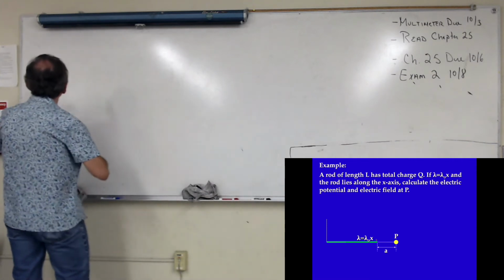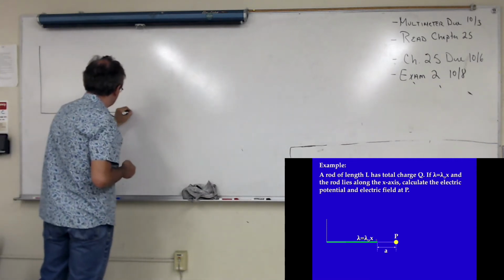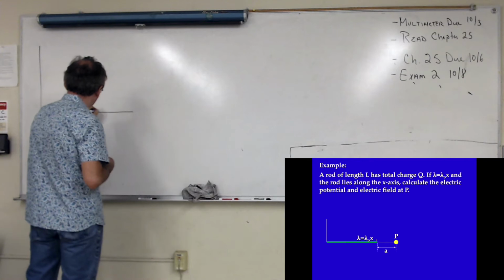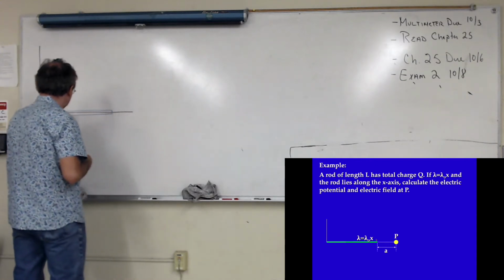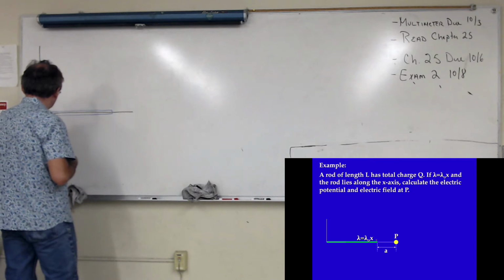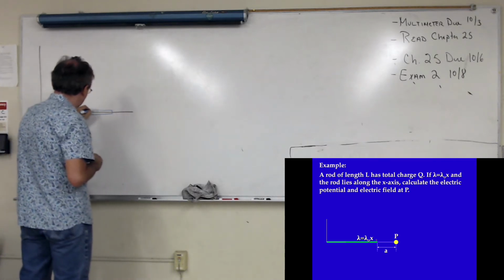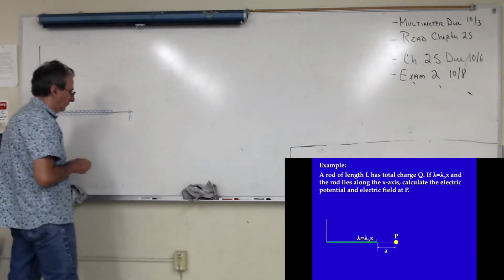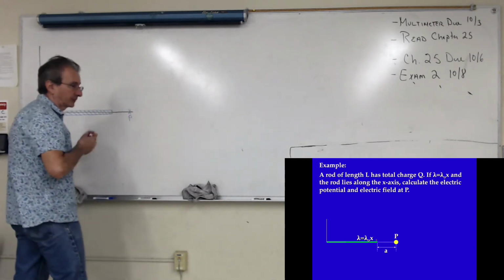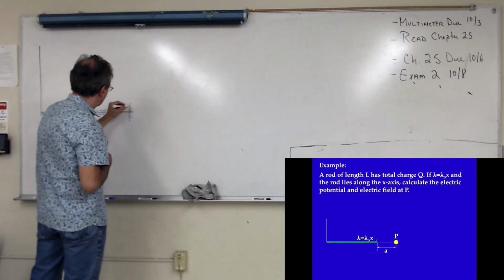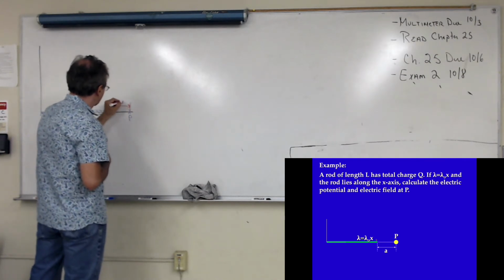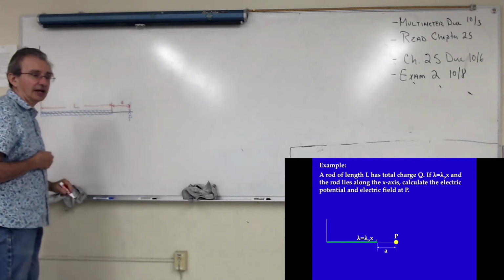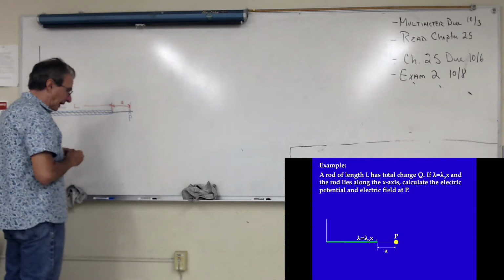And my coordinates first. Well, I'm choosing the coordinates the right way. The rod. Point P. A, and this is L. Then what I have to do is break this up.